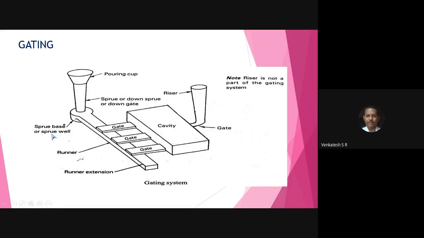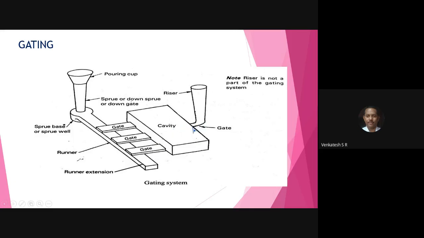It is connected to a rectangular channel called the runner, and the runner is connected by many channels called gates. The name itself indicates the number of gates connected to the runner, and these gates are connected to the cavity, that is the mold cavity.